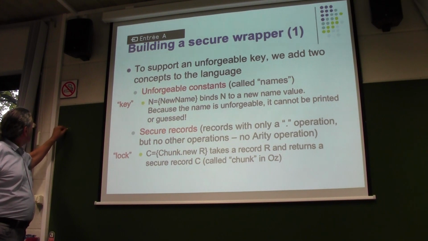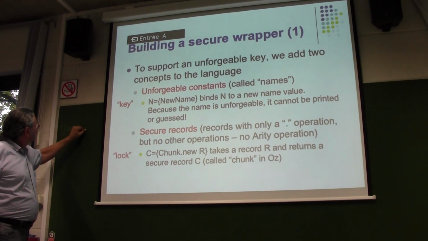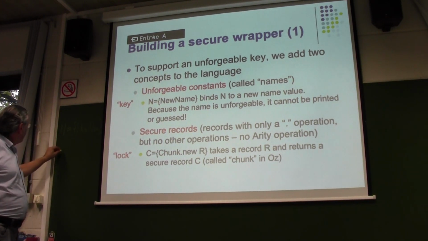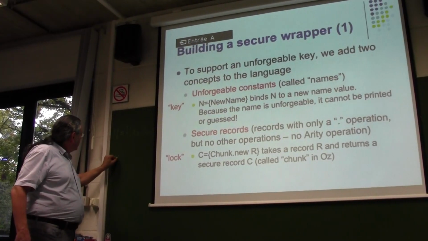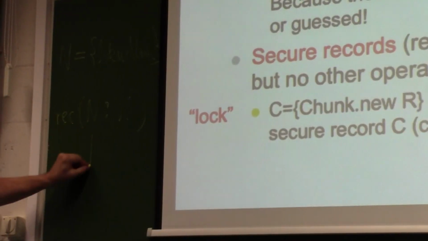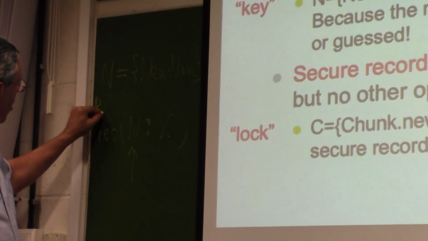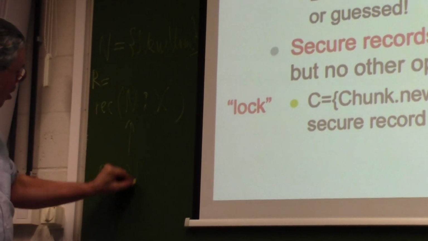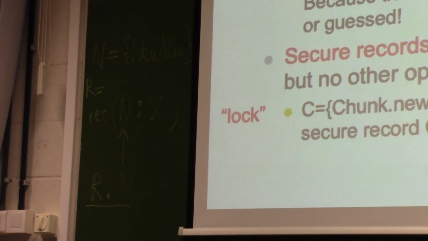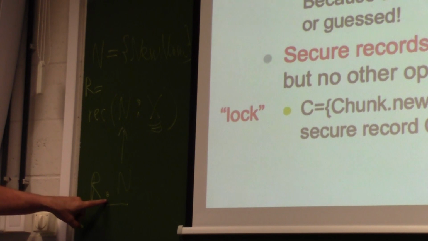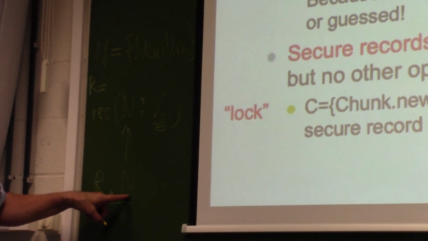So if I do N is new name, and then I have a record r, and I have the field name is N, with value x. If I want to access x, I can do r dot N. So in order to access this protected value x, I need to know the name.